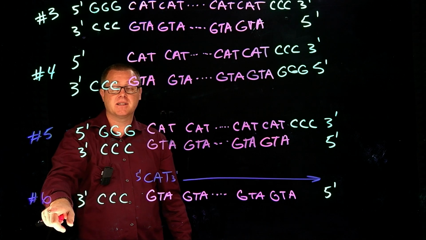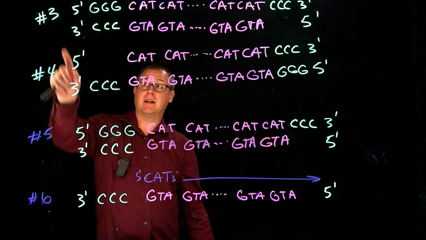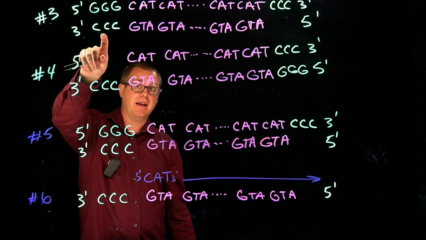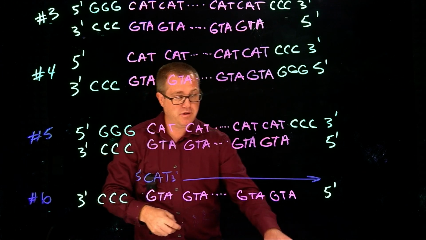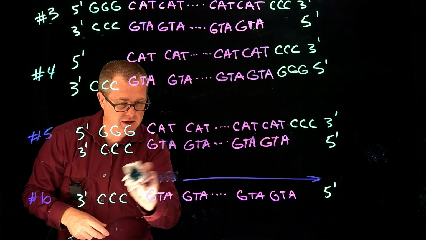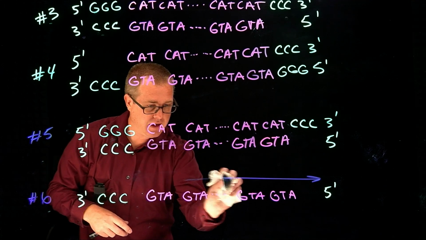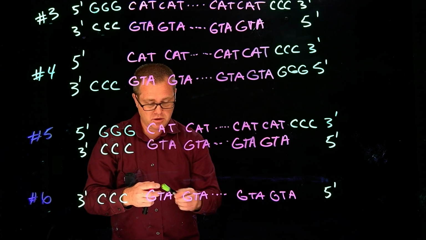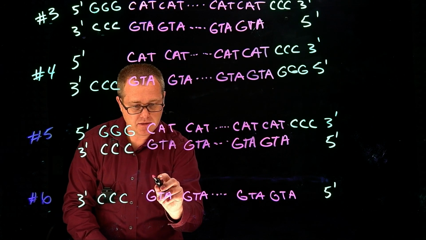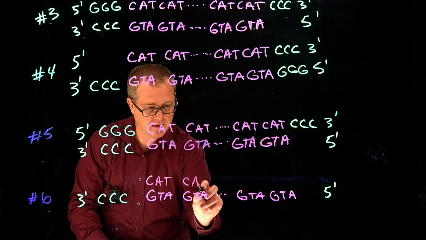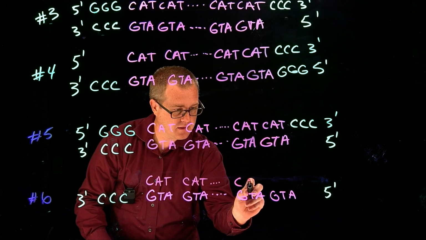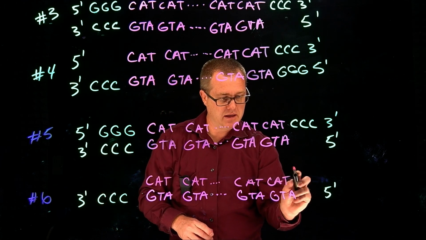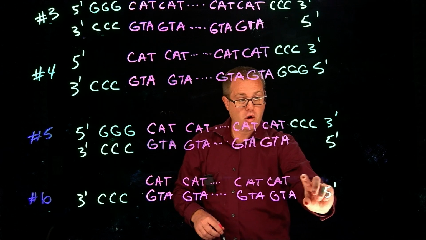Now molecule 6 is also going to come from molecule 3, but from the template strand. And so if we finish out this polymerization right here, our new molecule is now going to look like this. So CAT, dot CAT, CAT and no green.